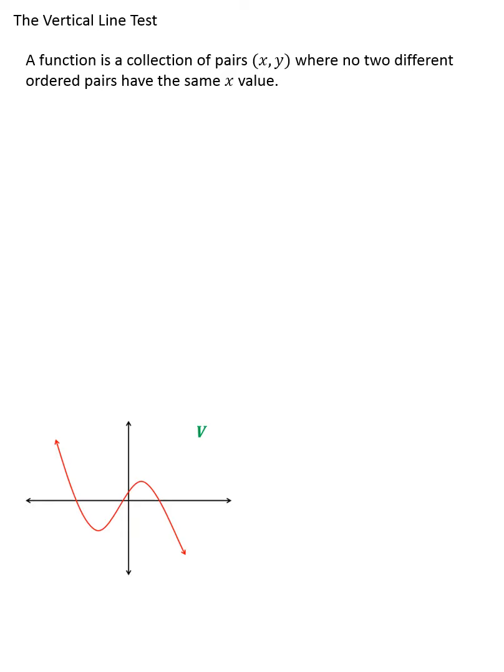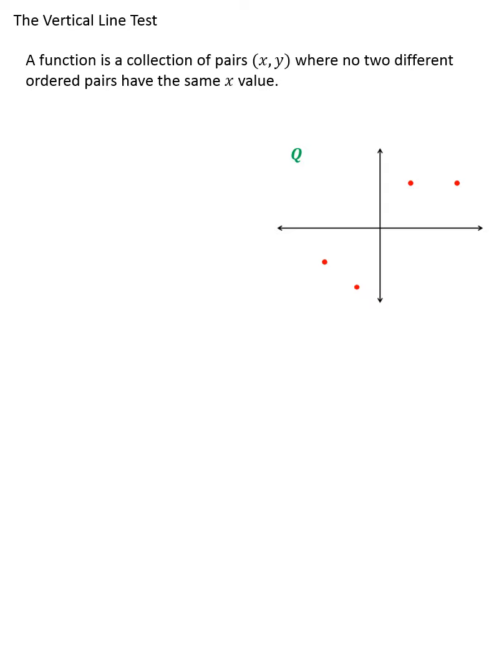We also saw that something like this would be a function because if you look at all infinitely many points on this graph or this function, there are no 2 points that have the same x value, and therefore v is a function. We also saw that q would be a function for the same reason, because there are no 2 points that have the same x value.